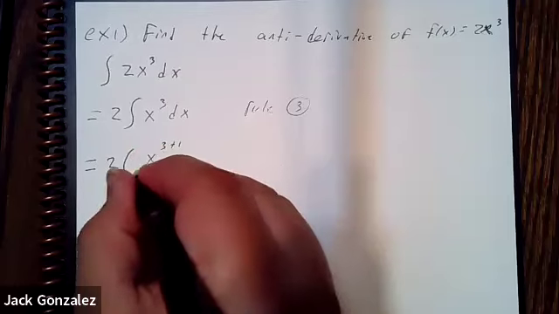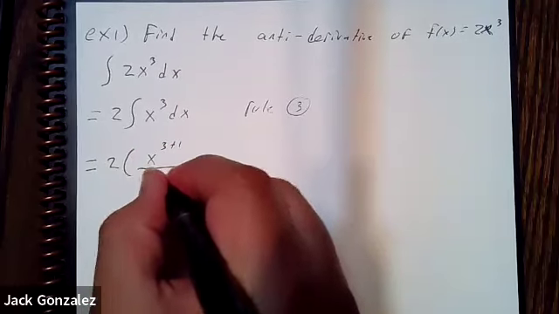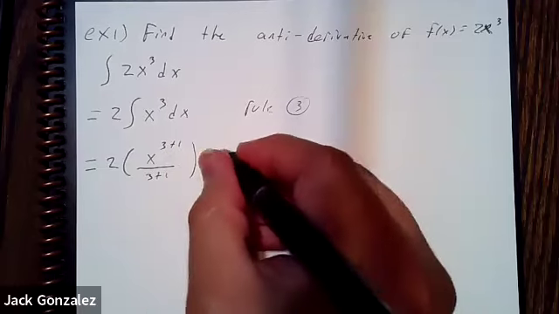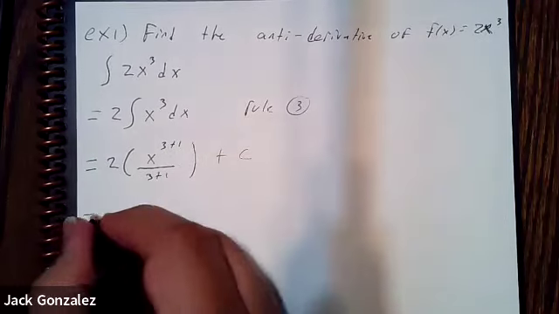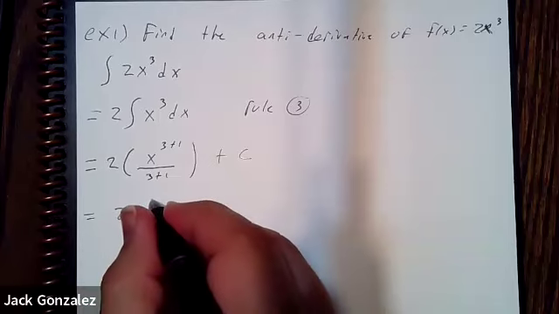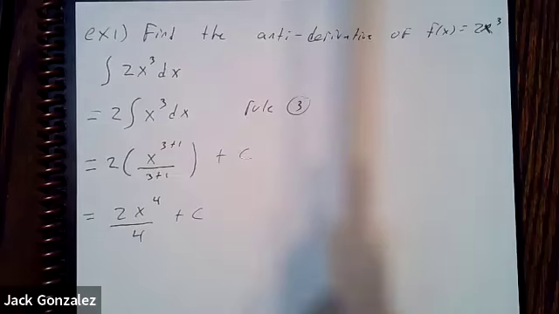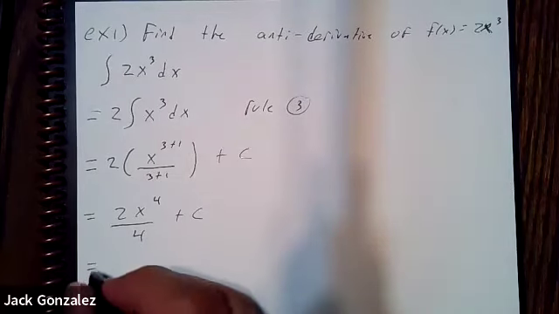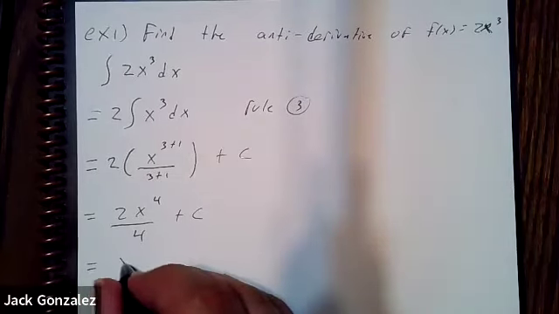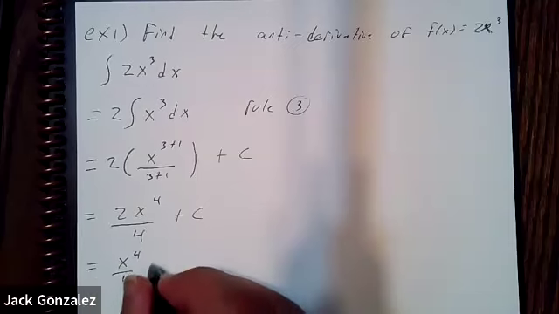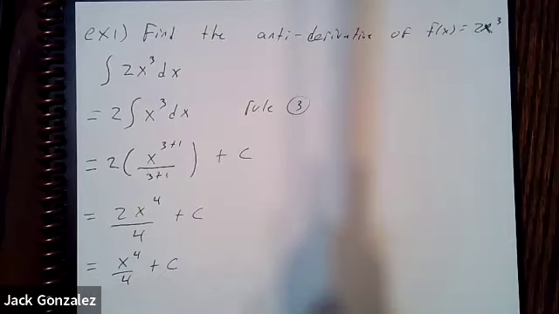So x to the 3 plus 1 over 3 plus 1 plus c. So this gives us 2x to the 4th over 4, which is x to the 4th over 2, right?